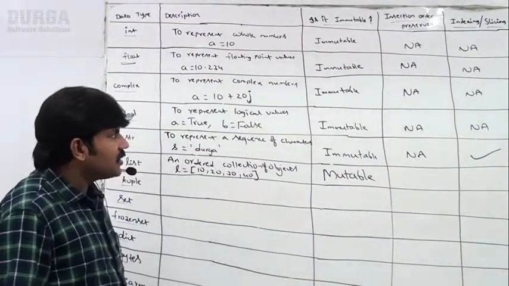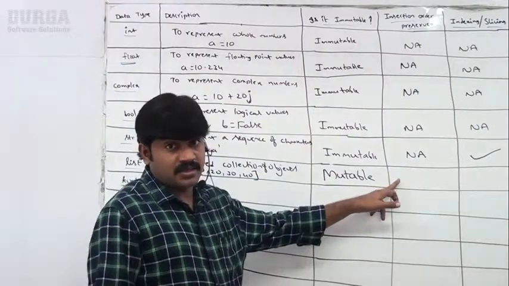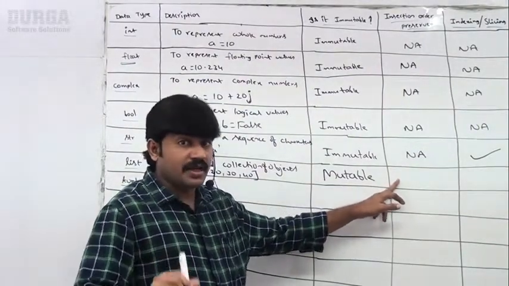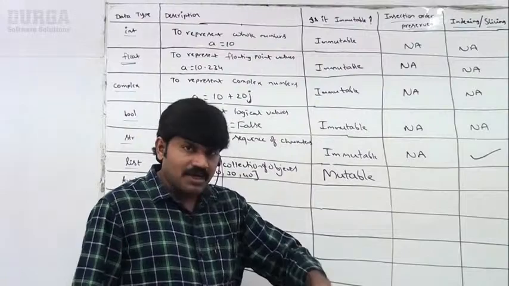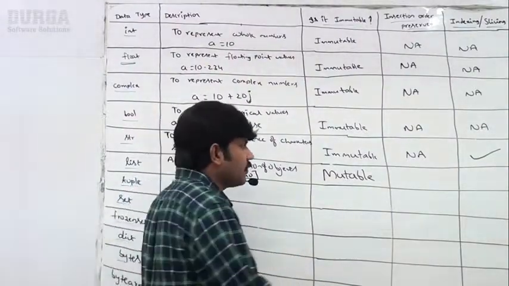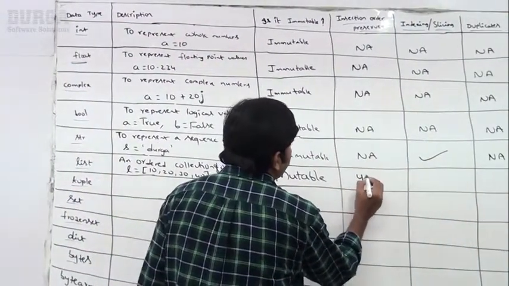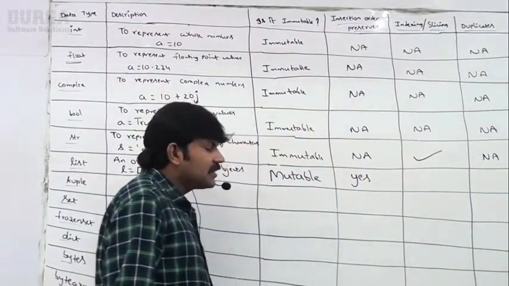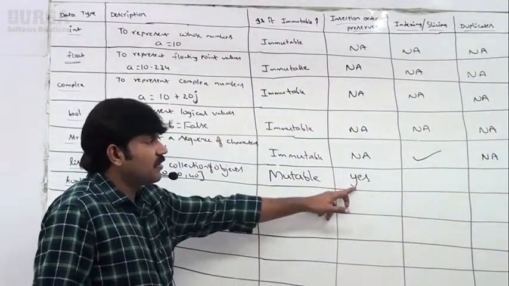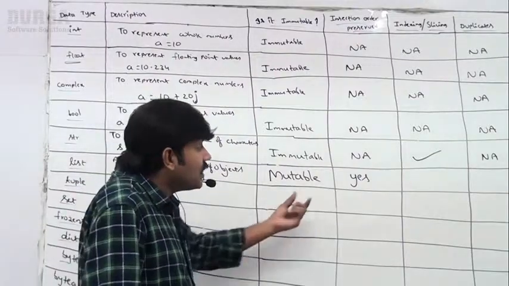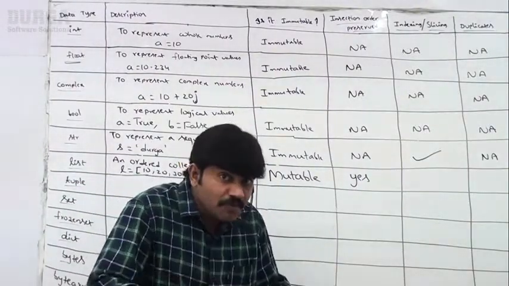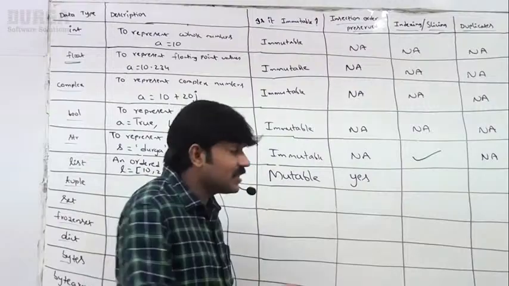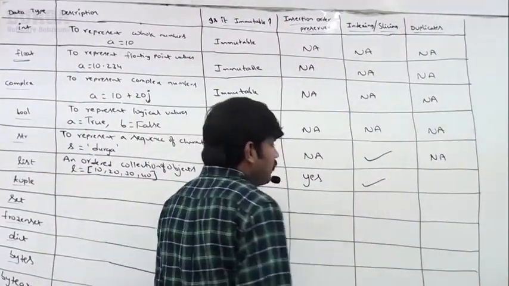Sir, now is insertion order preserved or not? Yes. In which order we added elements to the list, the same order only will be stored inside memory. That's why insertion order is preserved. Remember this one, right? Sir, indexing concept: once order is there, which is the first element, second element, such indexing and slicing concepts are applicable.